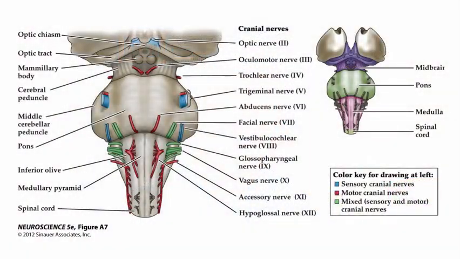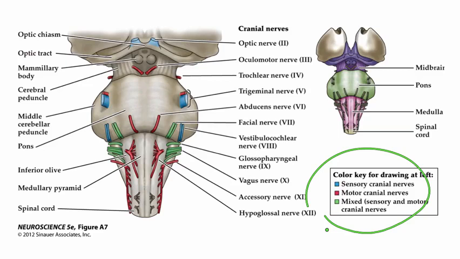Now notice that in this figure there's a color code, and the color code is meant to help you understand which nerves are purely sensory, which are purely motor, and then which nerves, like most of our spinal nerves, have a mixture of sensory and motor axons within them. Well, that may seem perhaps surprising that there would be nerves that are mixed for sensation and motor output, but that is the case for our spinal nerves, and it is the case, as you can see, by the abundance of green nerves here for several of the cranial nerves.